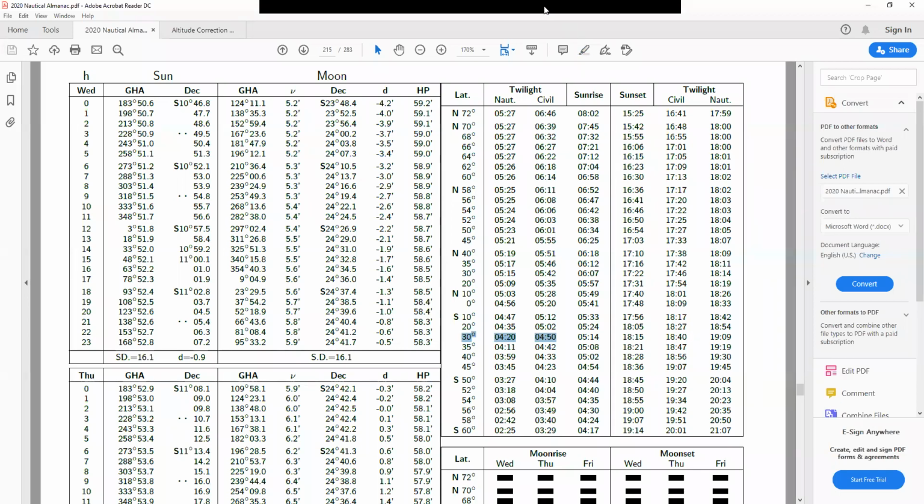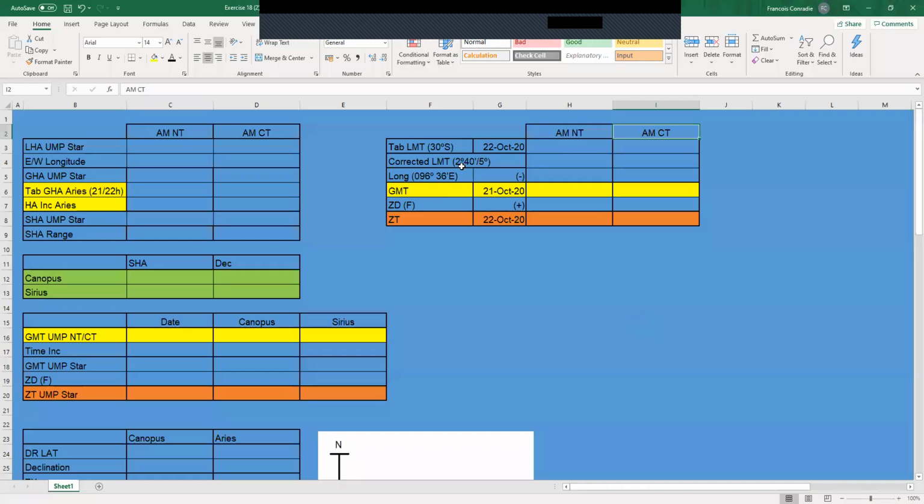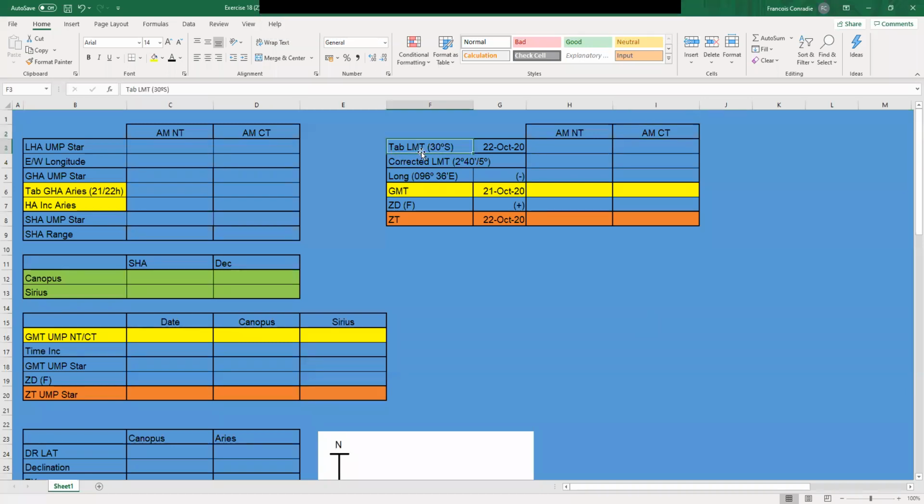Right. Now, if we go back to our sheet here. So the tabulated time is obviously an LMT. Remember, we said that the times given in the almanac with regards to meridian passages are all LMT, local mean time.